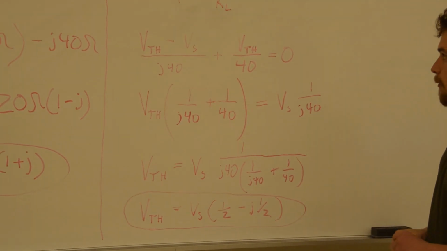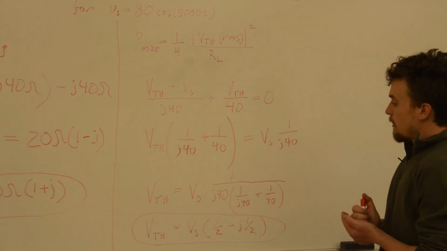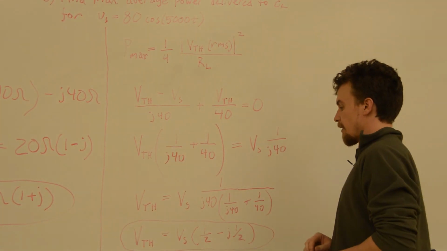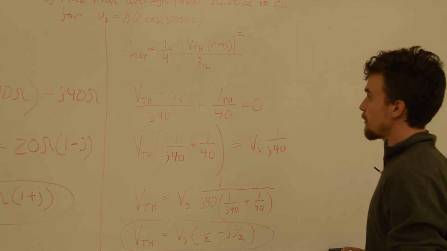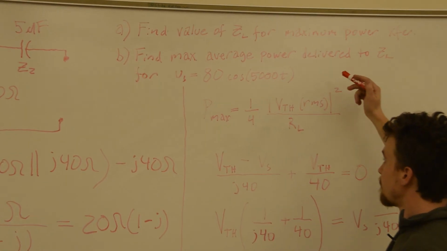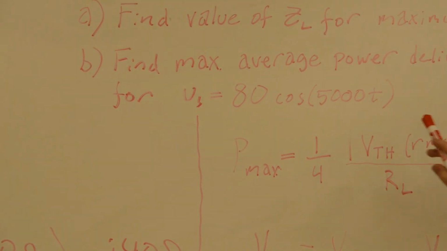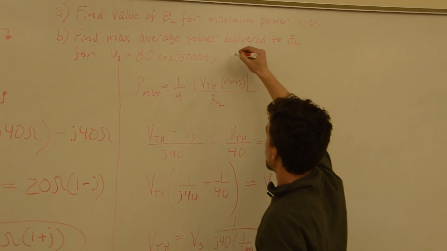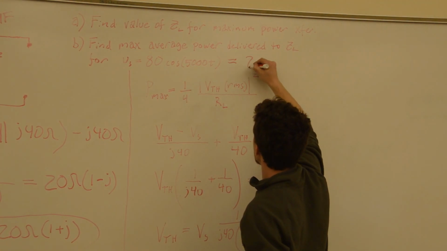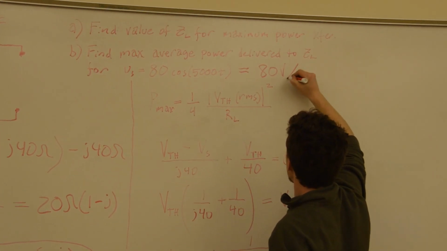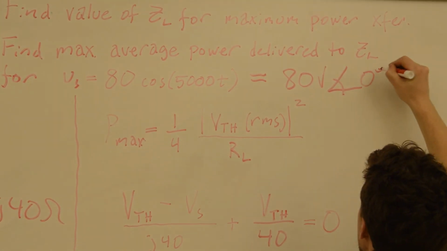So what we're looking for is, well, actually let's get an explicit value for V Thevenin first. We know our source voltage is 80 times cosine of 5,000 t. This is oscillating at a constant frequency, so we can put it in phasor form: 80 volts with a phase shift of 0 degrees.